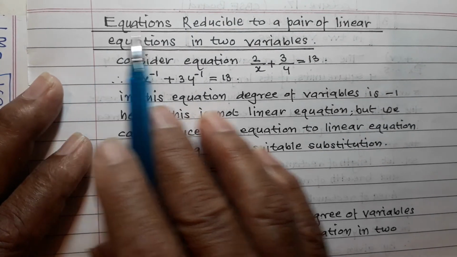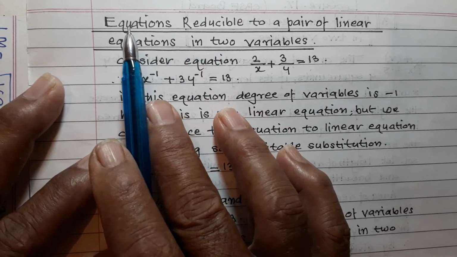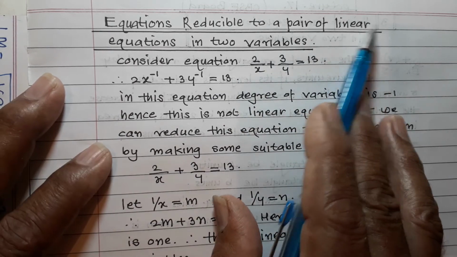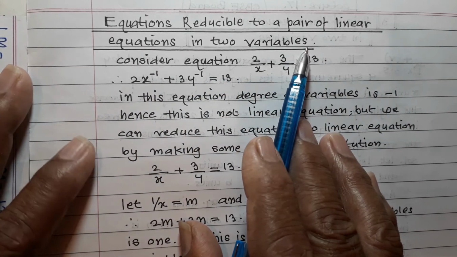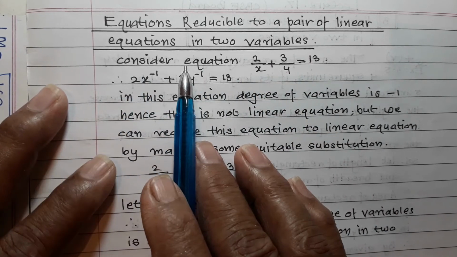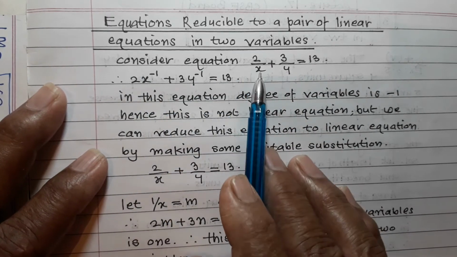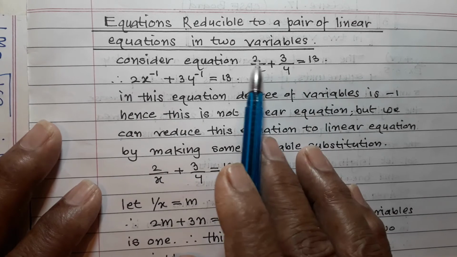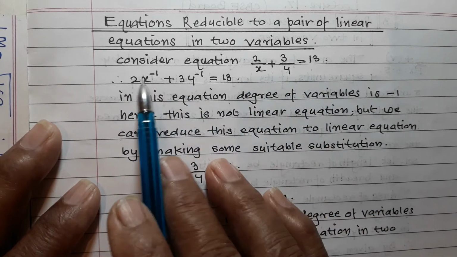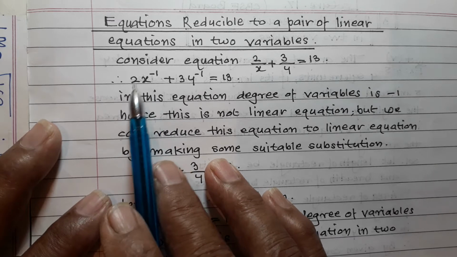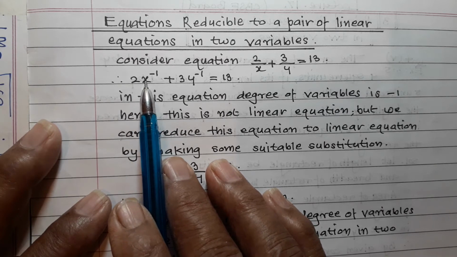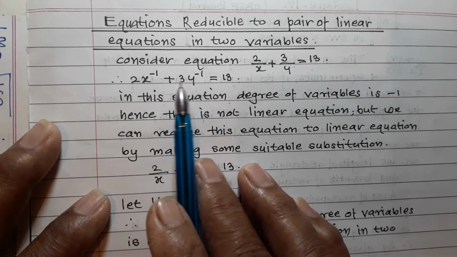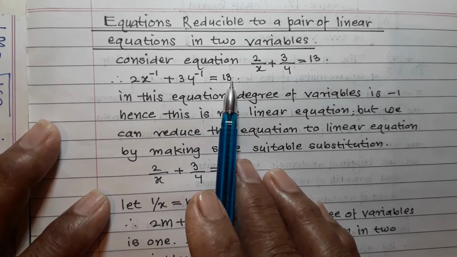Now here I explain you some new topic, equations reducible to a pair of linear equations in two variables. Consider the equation 2 upon x plus 3 upon y is equal to 13. Now this equation you write in this way using the law of indices: 2x raised to minus 1 plus 3y raised to minus 1 is equal to 13.